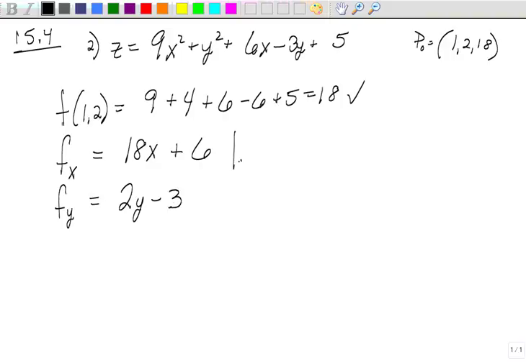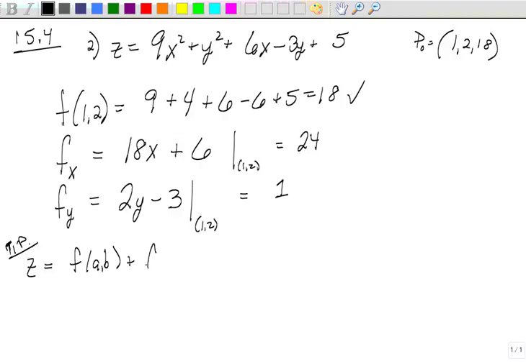Now, evaluated at the point 1, 2, f of x is going to be 24, and for f of y, y is 2, so that's going to be 4 minus 3 is 1. So remember, the tangent plane equation is z equals f of ab plus f of x ab times x minus a plus f of y ab times y minus b.